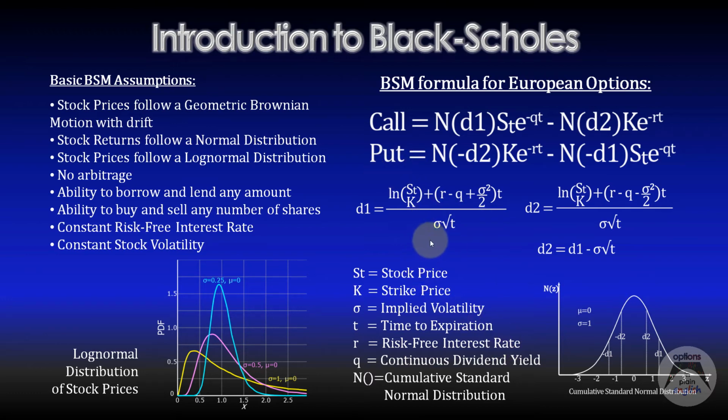What we're going to do now is go to an Excel spreadsheet where I've already created all these different formulas, and I have created a little table where you put the inputs, all of these inputs, and you can get the value of the call and the value of the put.